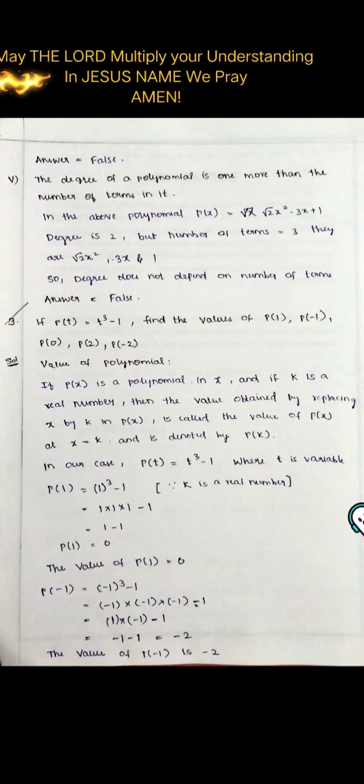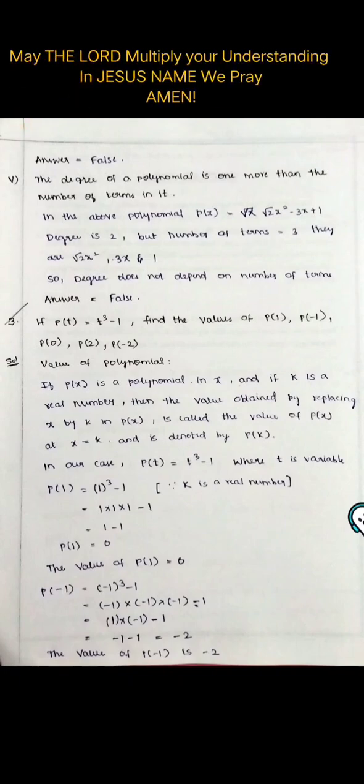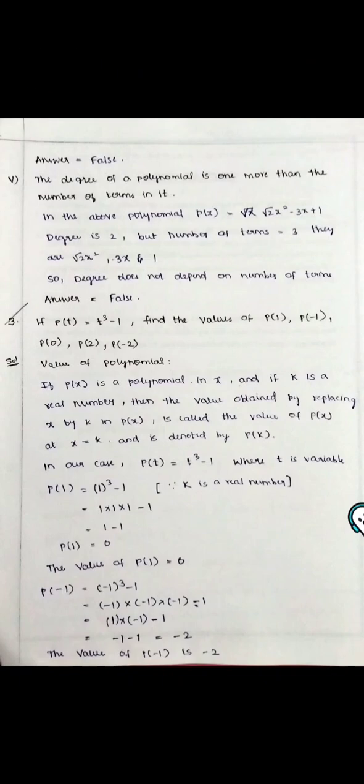So if we check here, p of 1 is equal to, in t cube minus 1, that means 1 cube minus 1. K is a real number. So 1 cube we can write as 1 into 1 into 1, minus 1. 1 into 1 into 1 is 1, minus 1. What do we get as the value? 0. The value of p of 1 will be 0. So if we check for p of minus 1, it is minus 1 whole cube, minus 1 into minus 1 into minus 1, minus 1.